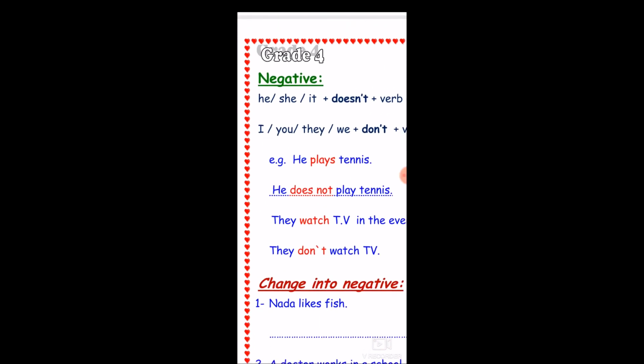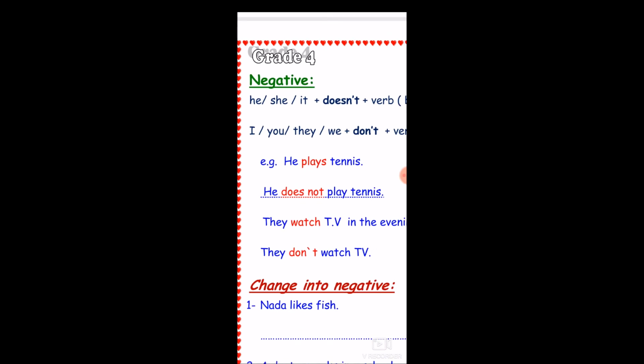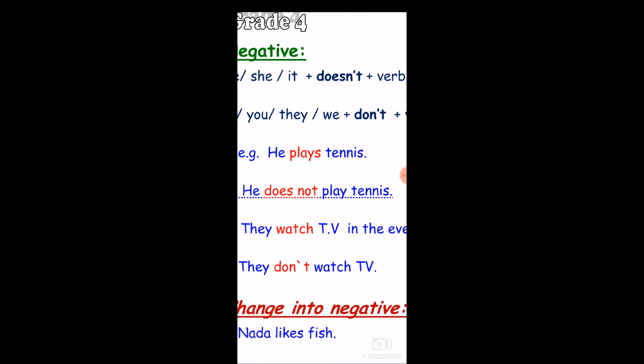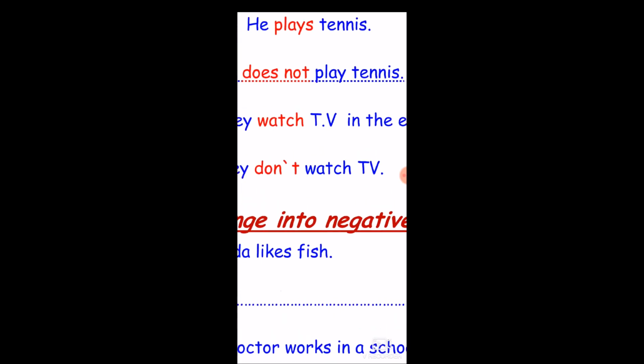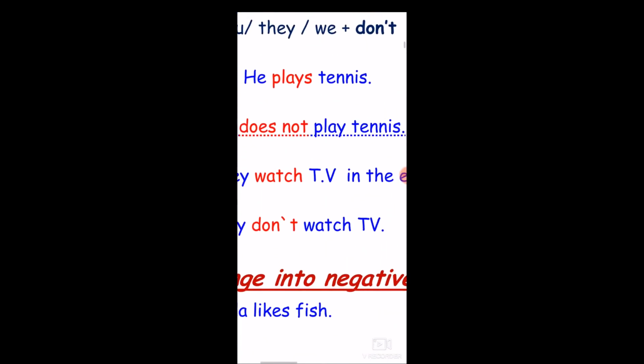Examples. He plays tennis. Let's change it into negative. Yes, plays ends with S. So he does not play tennis. I can say he does not play tennis or he doesn't play tennis. Be careful about what happened to the verb.